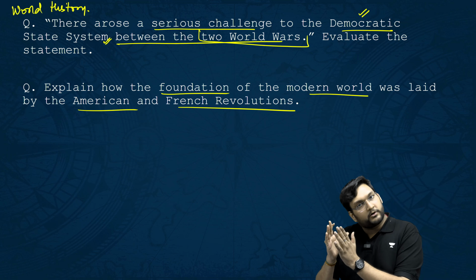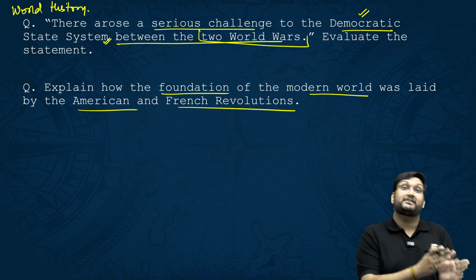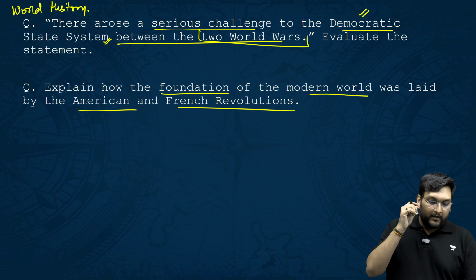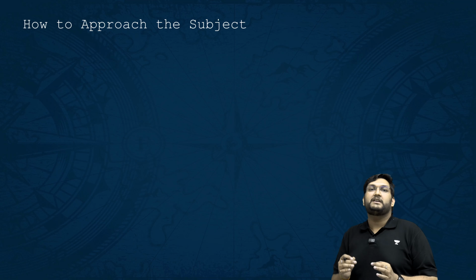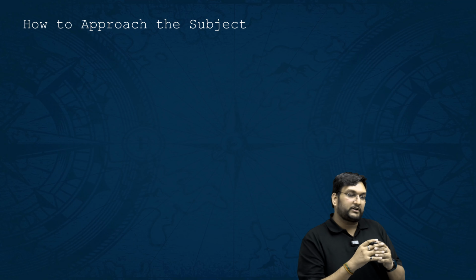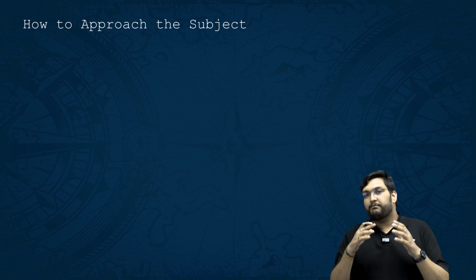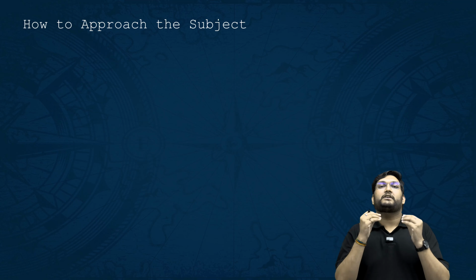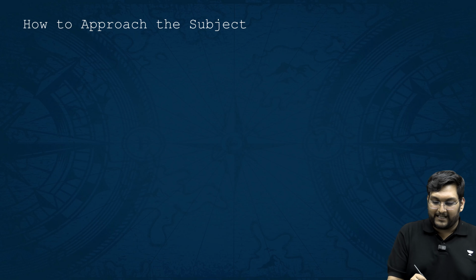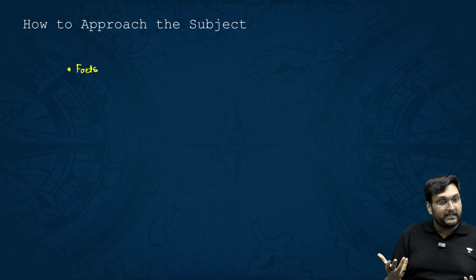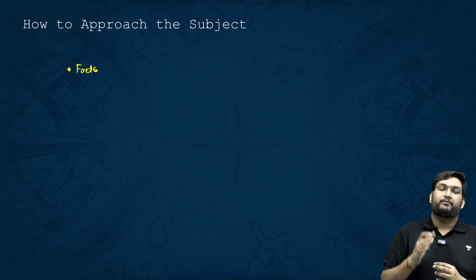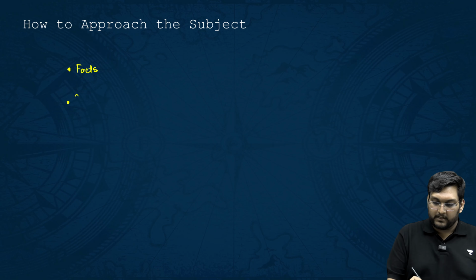In mains we have to go for concepts, in prelims we have to go for concepts and facts. So how to approach the subject? Let us first understand what we have established in the past half an hour. We've established that facts are important, but not everything in history, because in mains and prelims, conceptual questions are coming in.